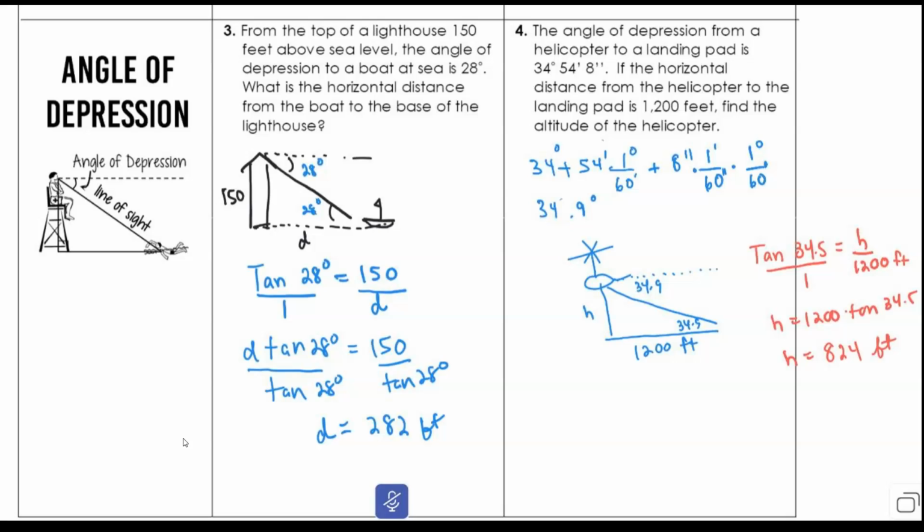And so we know that this is going to be 34.9. And this is 34.9. And it says the landing pad is 1,200 feet away. So we're looking for the altitude as the height.